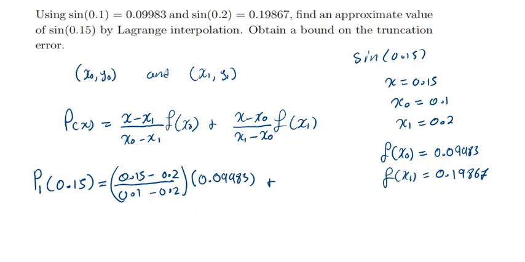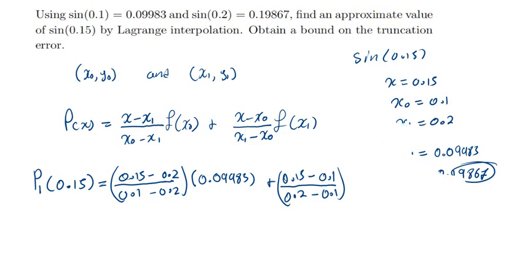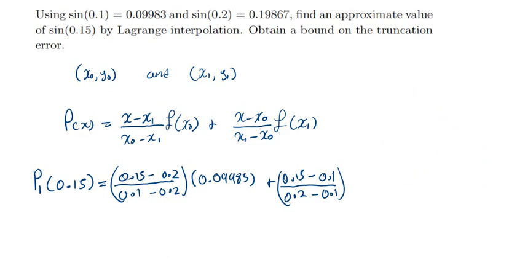We do the same here: your x, which is 0.15, minus x naught, which is 0.1, divided by x sub 1, which is 0.2, minus 0.1. Everything here is multiplied by f of x sub 1, which is 0.19867, like that.